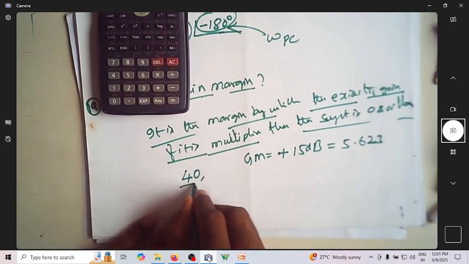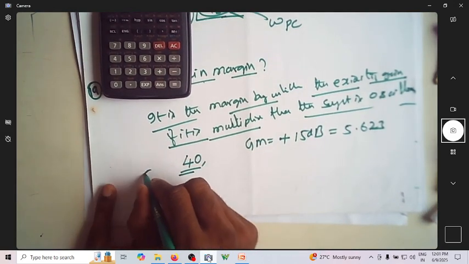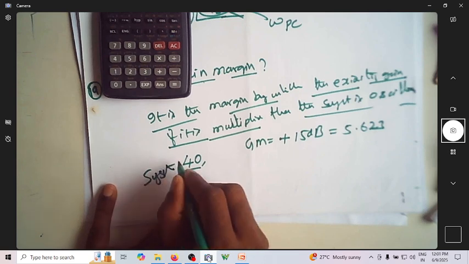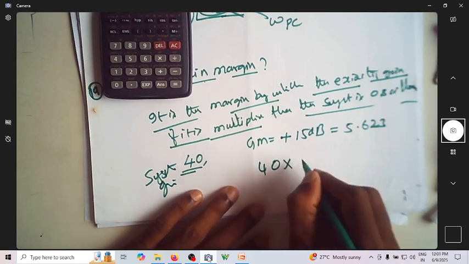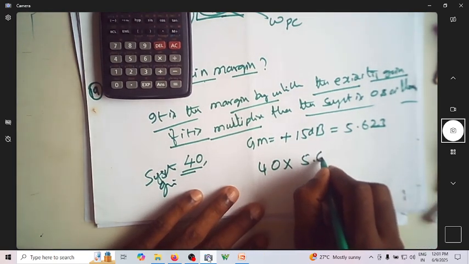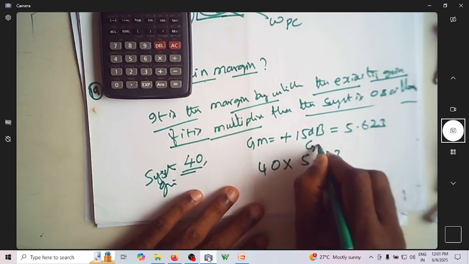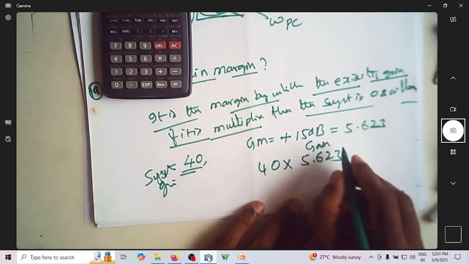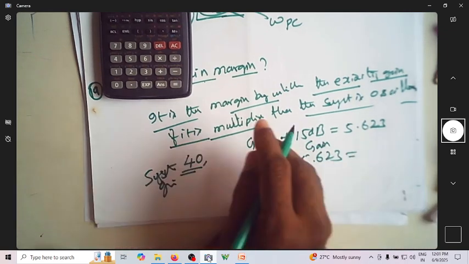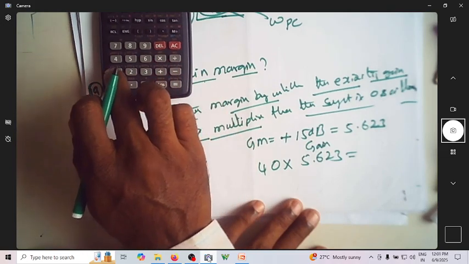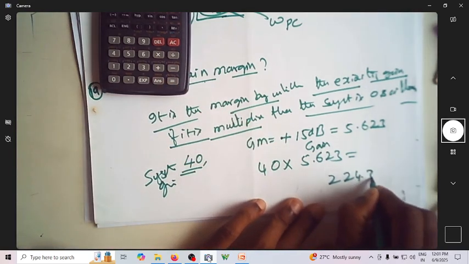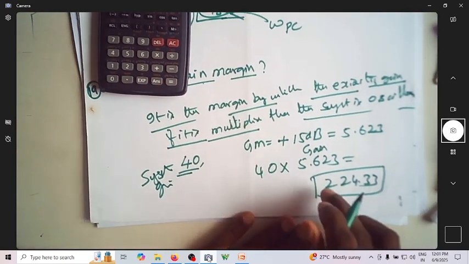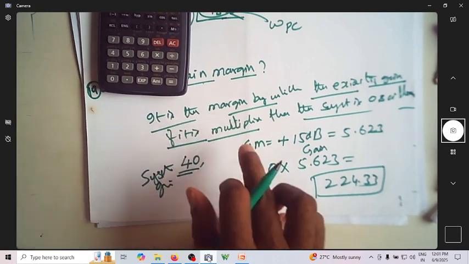If the existing system gain is multiplied by 5.623, which is the gain margin as an absolute ratio, then 5.623 into 40 gives 224.53.